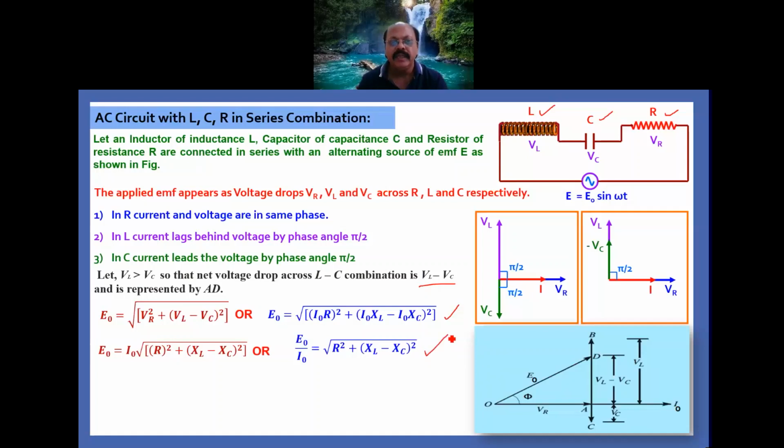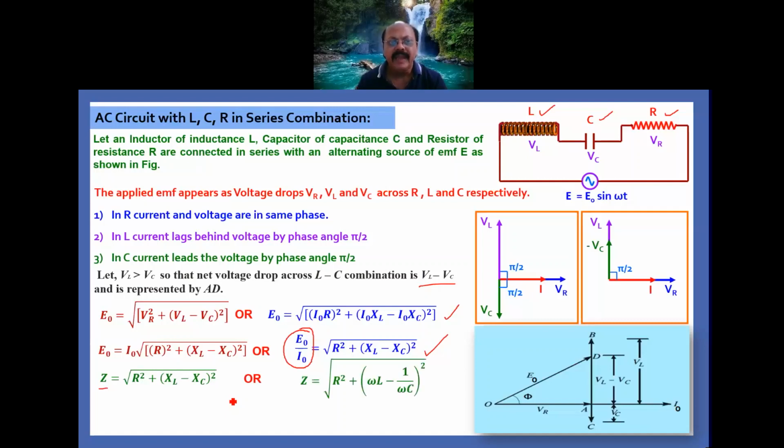Now this E naught upon I naught, maximum voltage upon maximum current, is the maximum resistance. That is known as impedance, represented by capital Z. So Z equals under root R square plus XL minus XC whole square. This is the expression for impedance in the LCR series circuit.